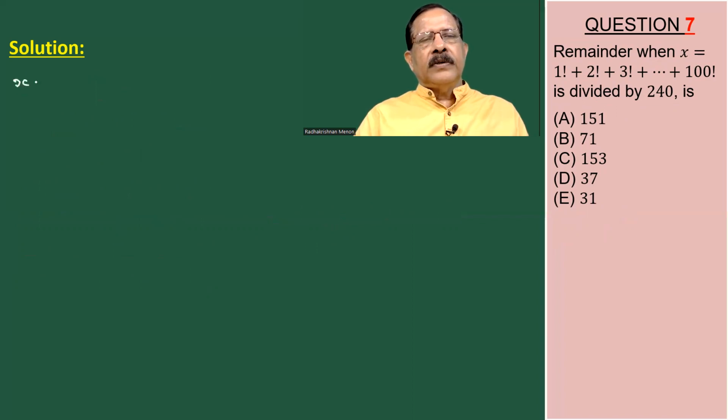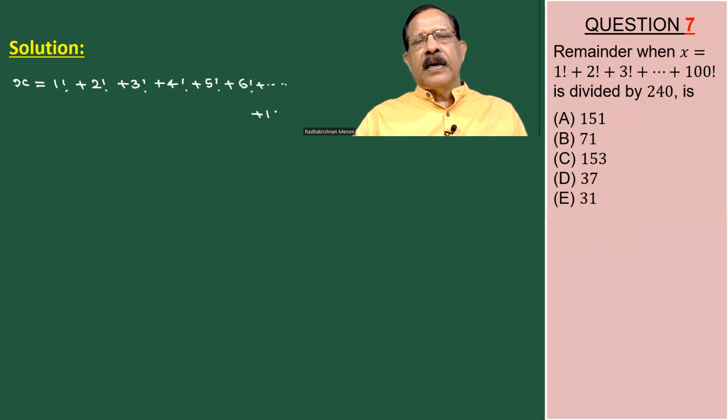X is equal to, it is given, 1 factorial plus 2 factorial plus 3 factorial plus 4 factorial plus 5 factorial plus 6 factorial plus etc. plus 100 factorial.